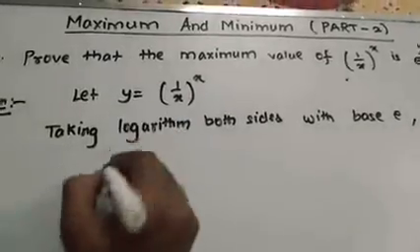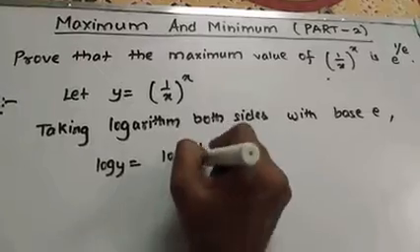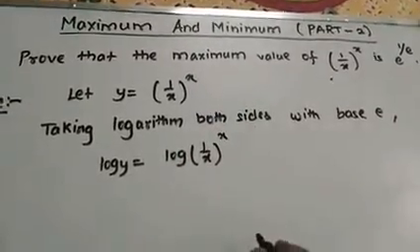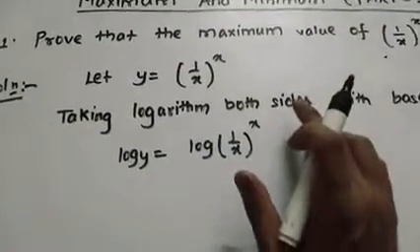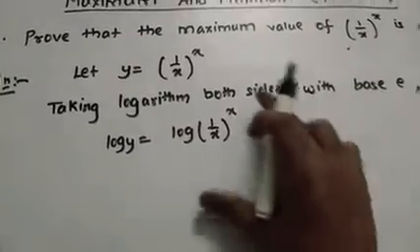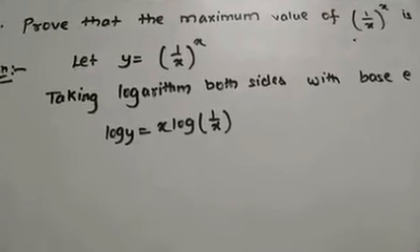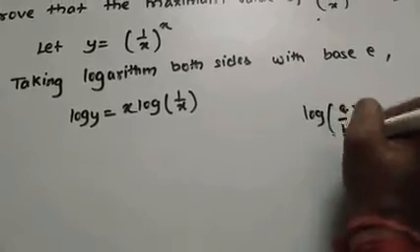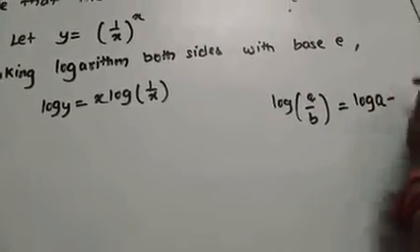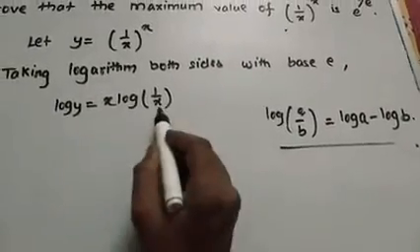If we take the log, we get log y equals log of (1/x)^x. By the property of log, this power x will come in front. Now there is a property that log of a by b is equal to log a minus log b, so we will use it here.